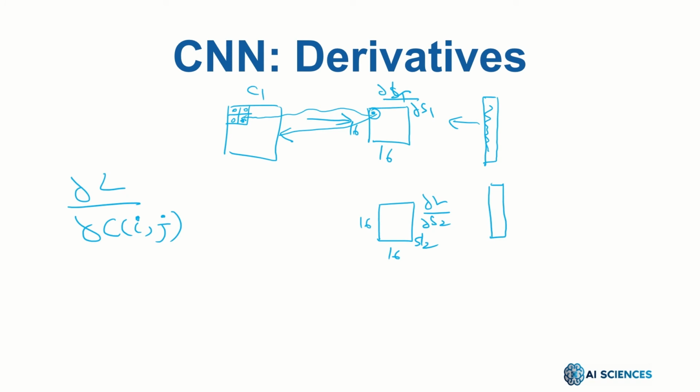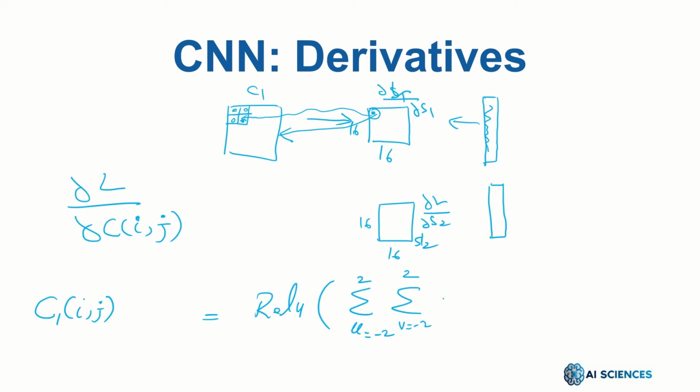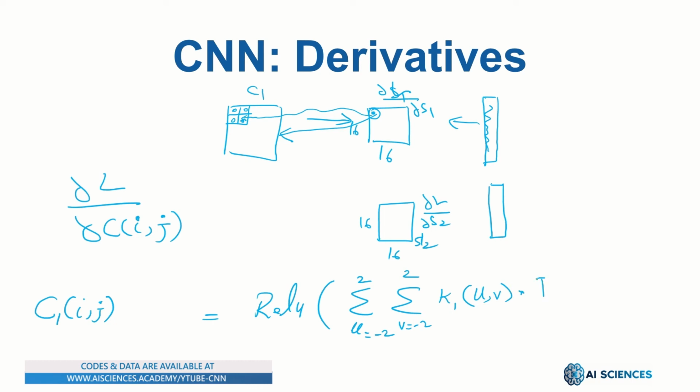So the derivative with respect to, if you remember the C1, let's say the ij entry, by the definition, that entry basically is ReLU of summation, u varies from -2 to 2, v varies from -2 to 2, and then we have this k1, for example, uv into image i minus u, and j minus v.